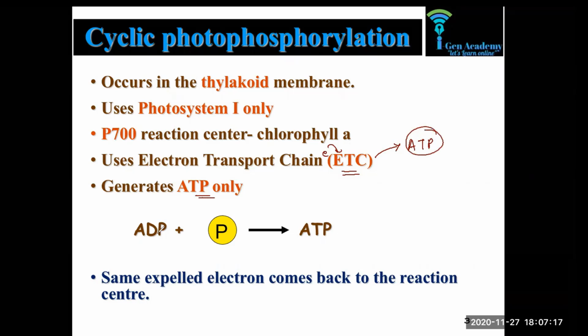So what exactly happens is, you have an ADP molecule, which is adenosine diphosphate. The adenosine diphosphate molecule receives one more phosphate and becomes adenosine triphosphate.